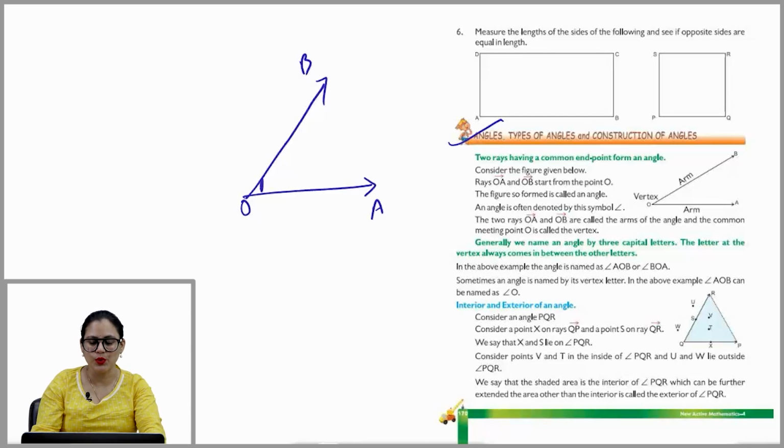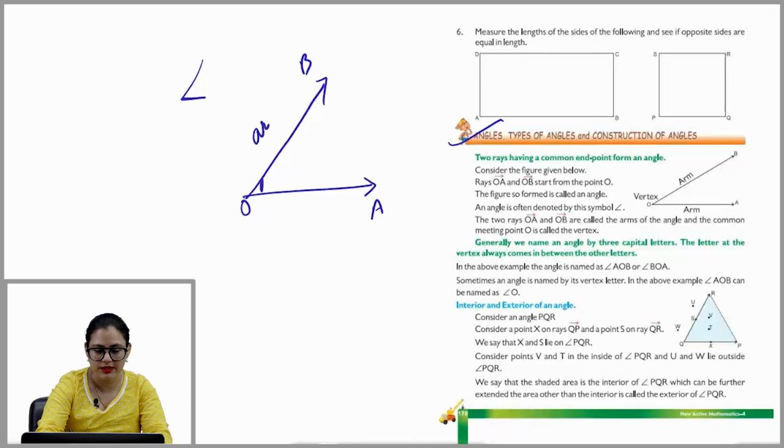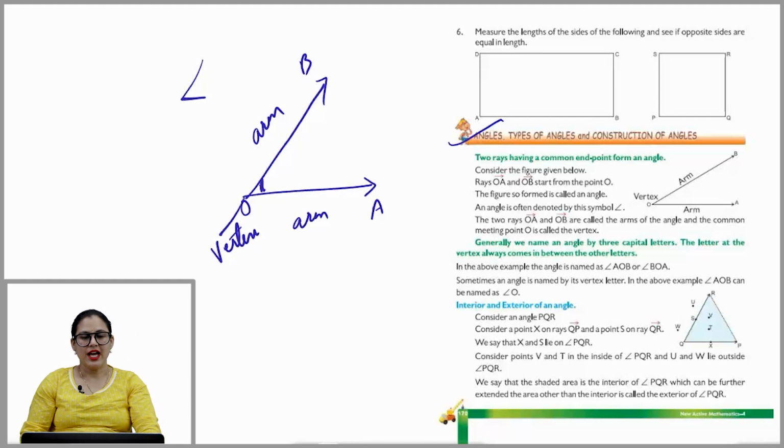An angle is often denoted by this symbol. This is the symbol of angle. The 2 rays OA and OB are called the arms. Okay, arms. This is arm, this is arm. And the common meeting point O is called the vertex. Generally, we name an angle by 3 capital letters.